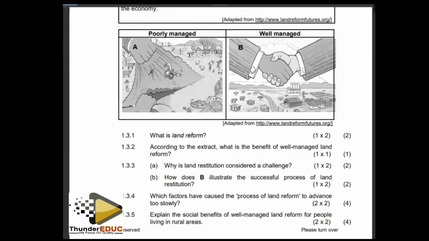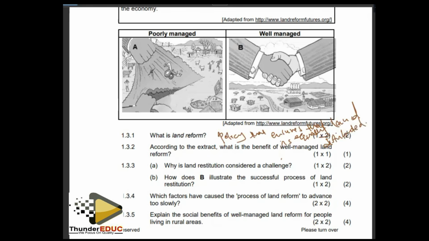So here we say a policy that ensures that land is equally distributed.